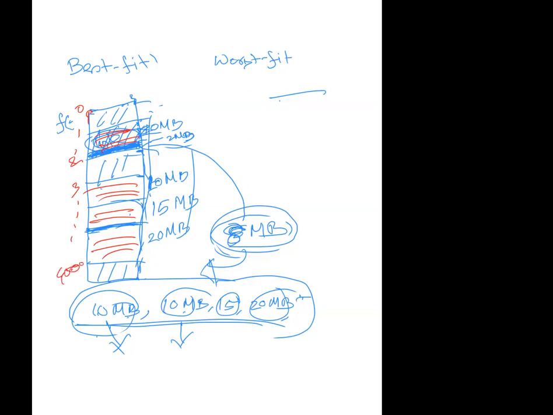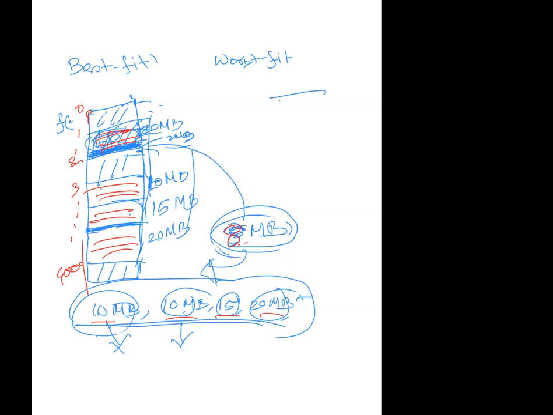It travels the entire physical address space and figures out the holes that fit your new 8 MB process. So it finds 10 MB, 10 MB, 15 MB, and 20 MB. These are good enough to fit this 8 MB process.